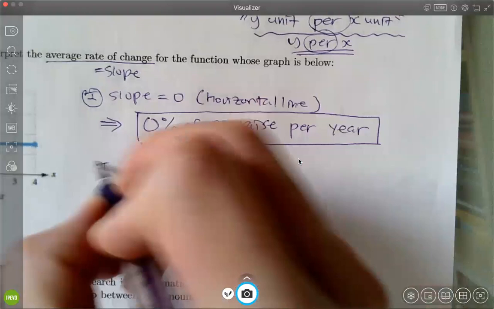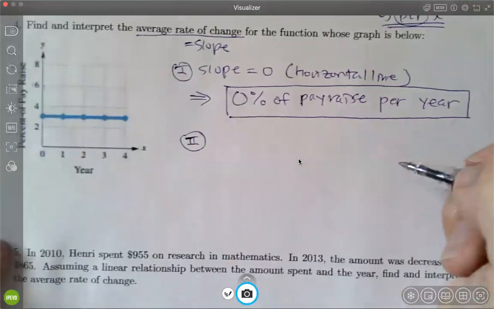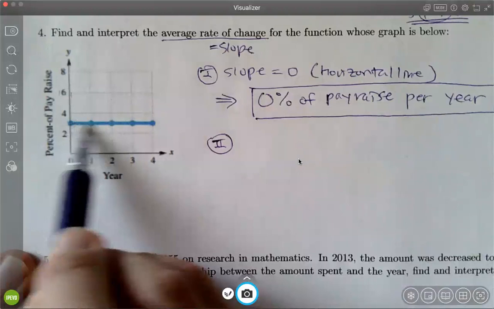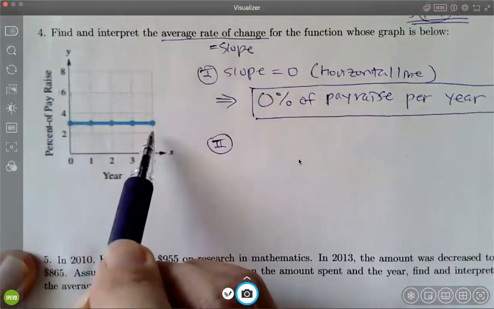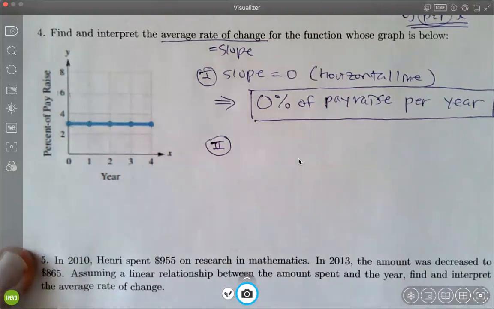But what does this even mean? It doesn't mean there's no pay raise. There is a pay raise because if you look at the graph, it's been constant at 3% of pay raise, right? But what is constant here? The change in the pay raise is constant, right? After the first year, it's still 3%. Second year, 3%.